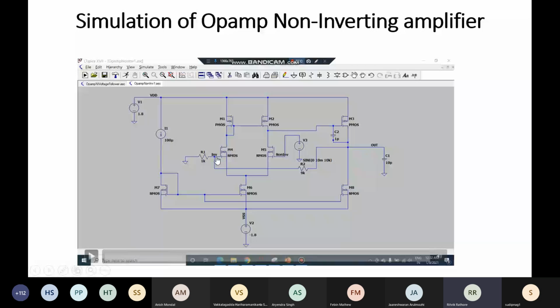For such an amplifier, we know that the gain will be 1 plus R2 by R1, which in this case is 1 plus 9K divided by 1K. So 10 would be the gain here. And of course, the output would be in phase with respect to the input. The same thing is being explained here.